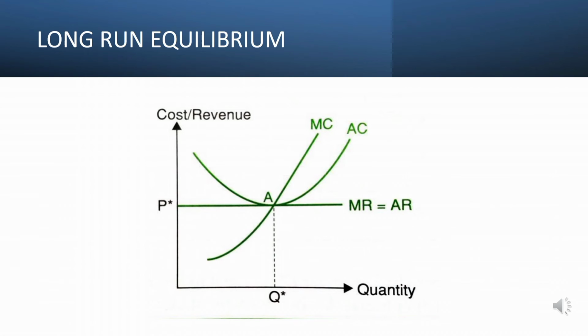With the entry of new firms in the industry, the price of the product will go down as a result of the increase in supply of output, and also costs will go up as a result of more intensive competition for factors of production. The firms will continue entering the industry until the price is equal to average cost, so that all firms are earning only normal profit.